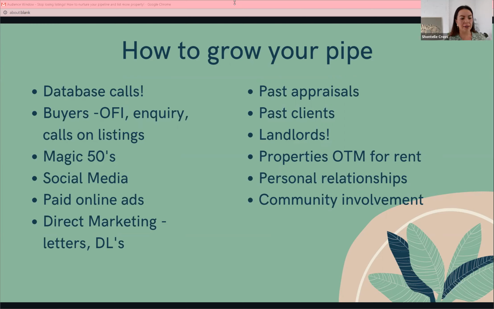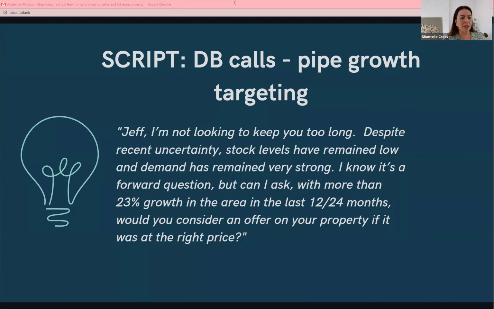All right, let's have a look at a script, for when we're doing our database calls trying to target pipeline growth. Now, keep in mind, this is a script that we use within our business and for our clients, but it isn't a script that you want to use repeatedly. You want to put it in rotation along with other scripts, because every client you speak to within a database isn't thinking of selling.